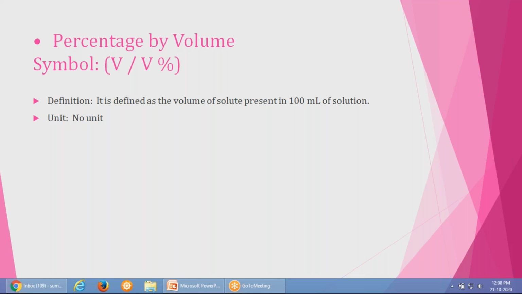Solvent is 300 ml. So what we need to find here? Percent concentration by volume. And one more thing is also given, that is proof number is 2% volume by volume.